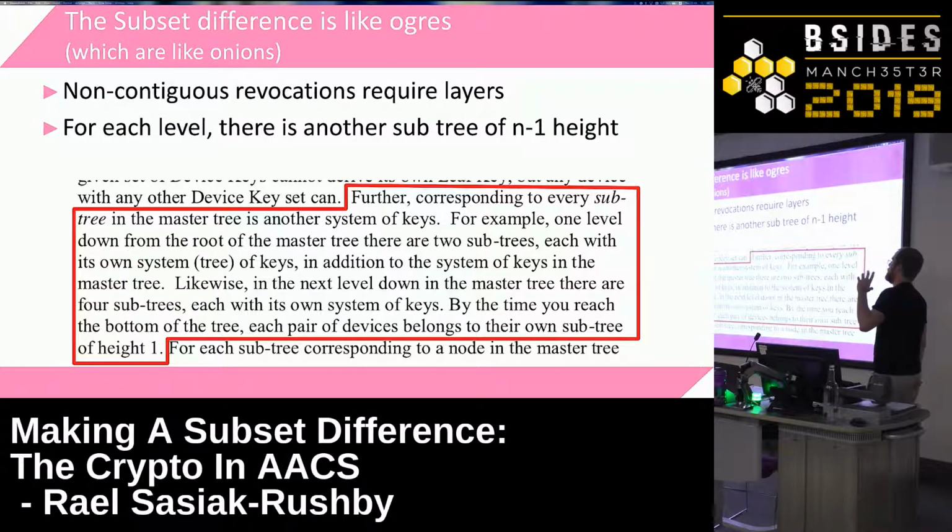So, specification written here, quite wordy. Essentially, for every level that we have within our master tree, let's call it, if you go 1 level down, there are 2 separate trees at that level on top of the existing tree. So say we have a 3-level master tree. At level 1 down, there are 2 extra level 2 trees.